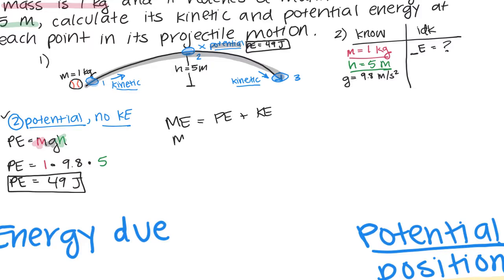And our mechanical energy for the entire path of motion is equal to our potential energy, which we already solved for, 49 joules, plus our kinetic energy, which doesn't exist at position 2, is 0. So our mechanical energy across this entire arc of the baseball's motion is going to be equal to 49 joules.